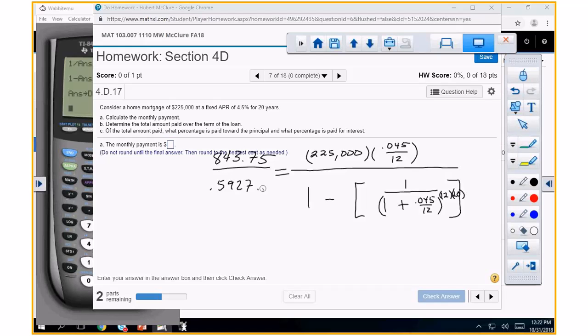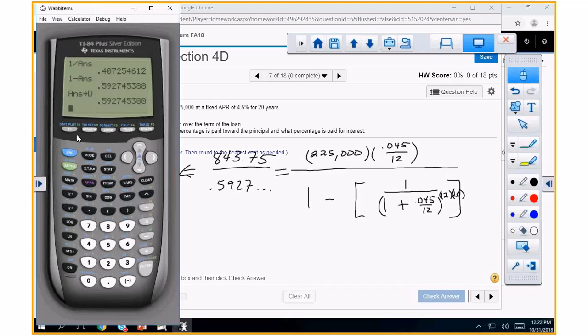Now when you do that, let's take alpha N and divide by alpha D. Alpha N divided by alpha D.